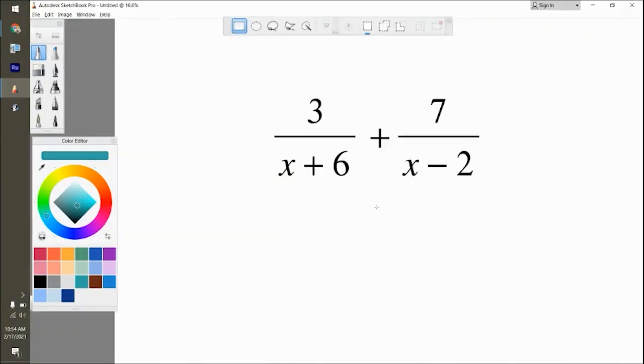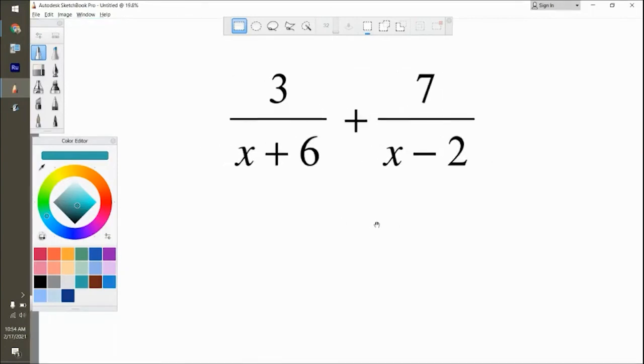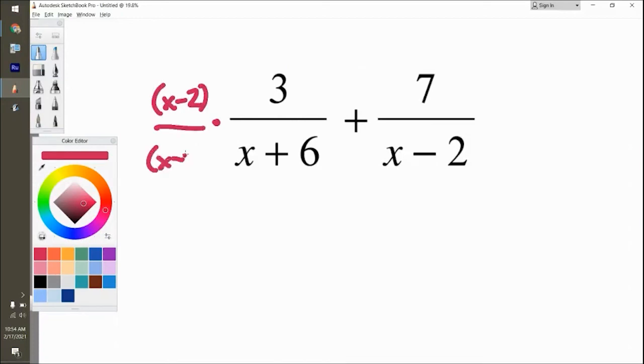So that's what we're going to use on this one here. The easiest way to get common denominators on this is to multiply the denominators by themselves. There's nothing that simplifies here, so that's your best bet. I'm going to multiply this first one by x minus 2 over x minus 2, and this one by x plus 6 over x plus 6.